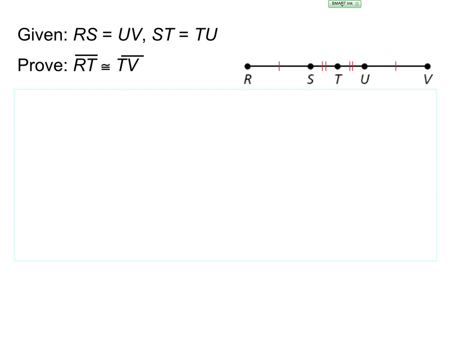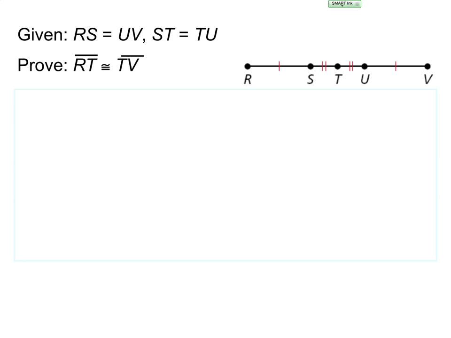Can you prove to me that RT is congruent to TV? Can you get RT to have the same length as TV? These two are the same, and these two are the same. Will RT's total and TV's total be the same? Yeah. We need to add some things together, right? We need to add RS and ST together to get what RT is.